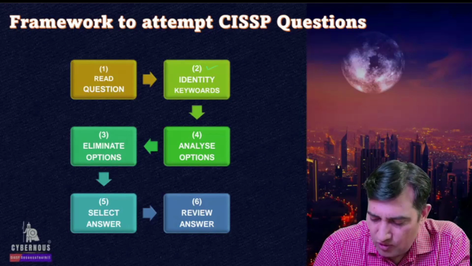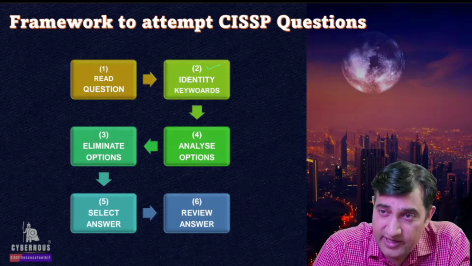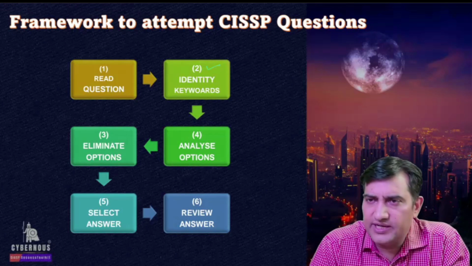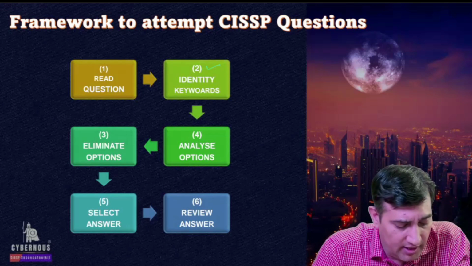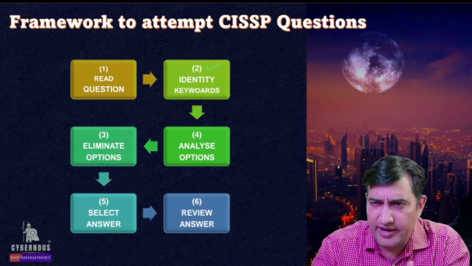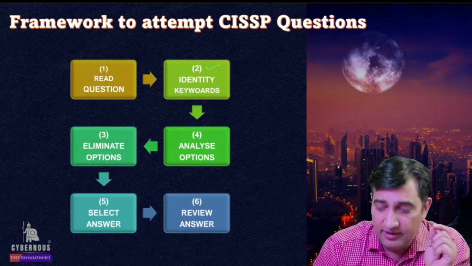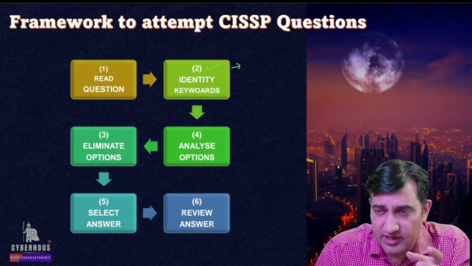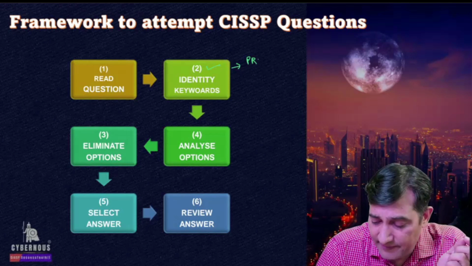Then you need to also identify keywords very carefully. There might be some keywords which talk about a problem statement, or a kind of limitation, and then they might also be using some kind of influential keywords, like for example primary, most, best, right?